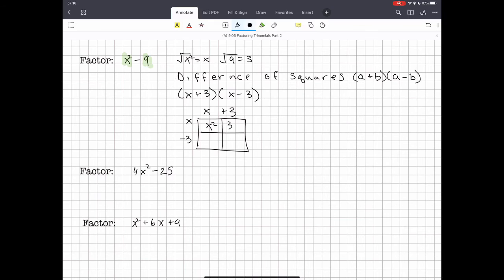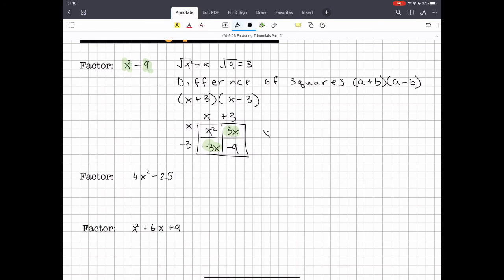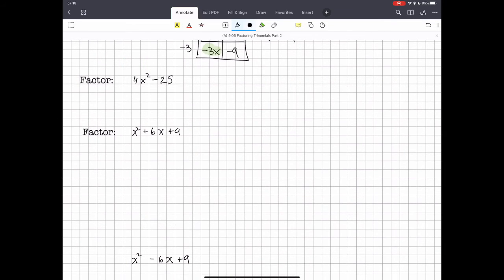X squared, 3x, negative 3x, and negative 9. And I could see right here, look, these terms would cancel each other out, and that would leave me with x squared minus 9. So I know I've done the work correctly. In the problem 4x squared minus 25, we have a difference of squares again.